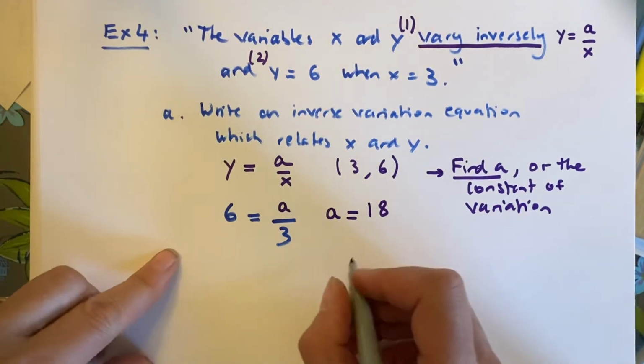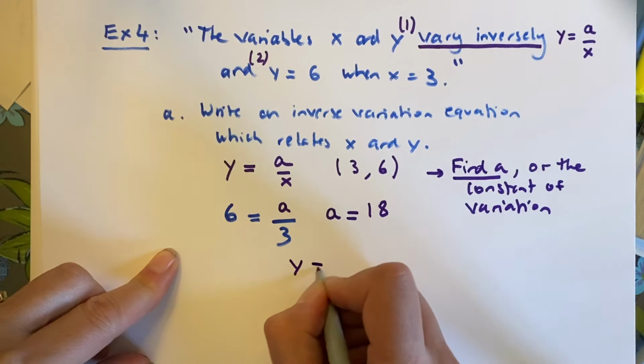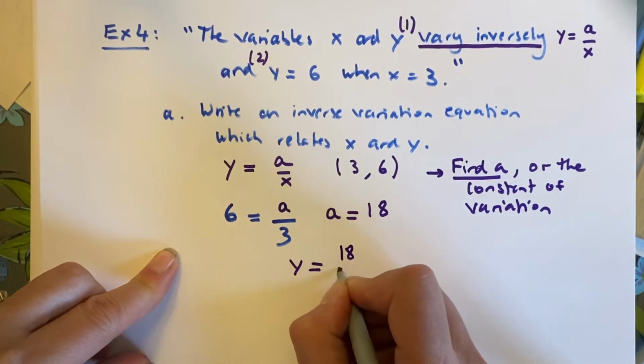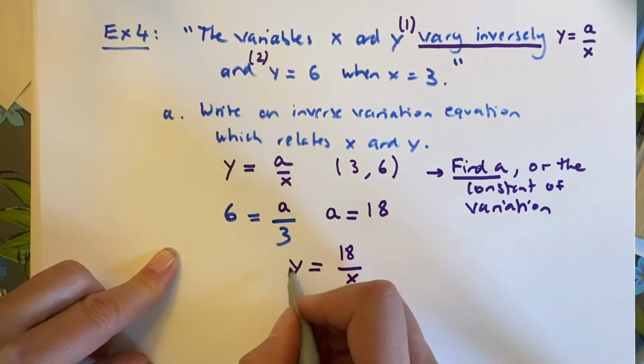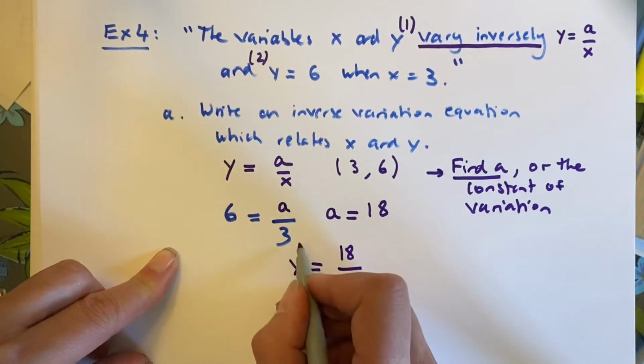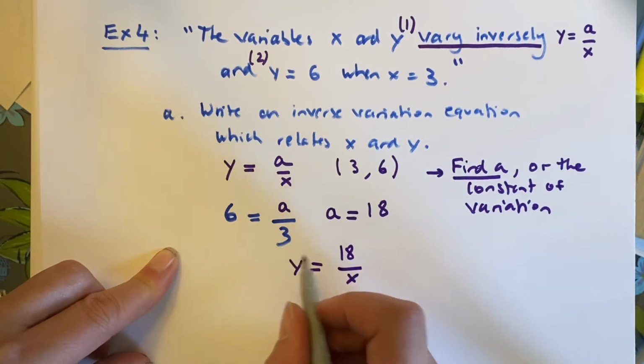And that means my equation is very simply y equals 18 divided by x. So that is going to be my inverse variation equation.